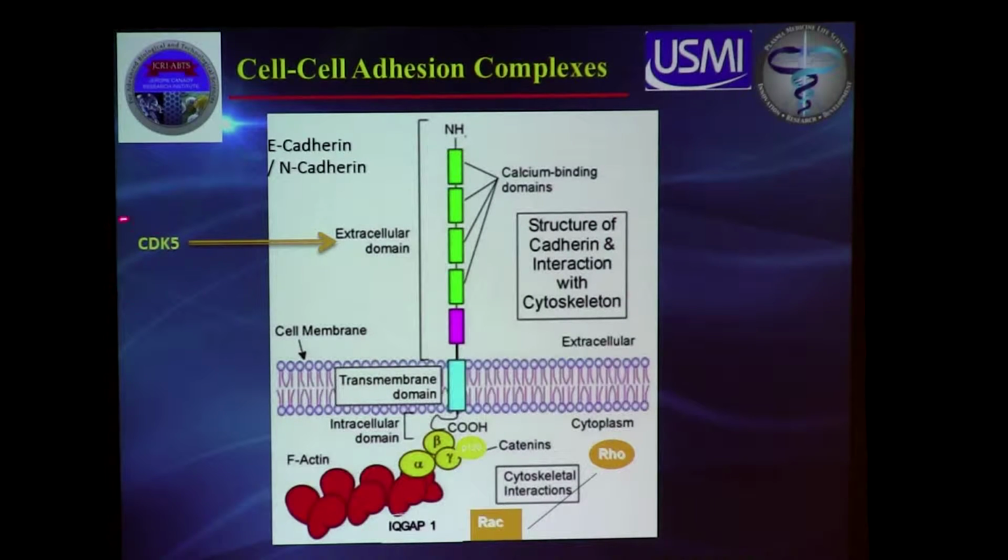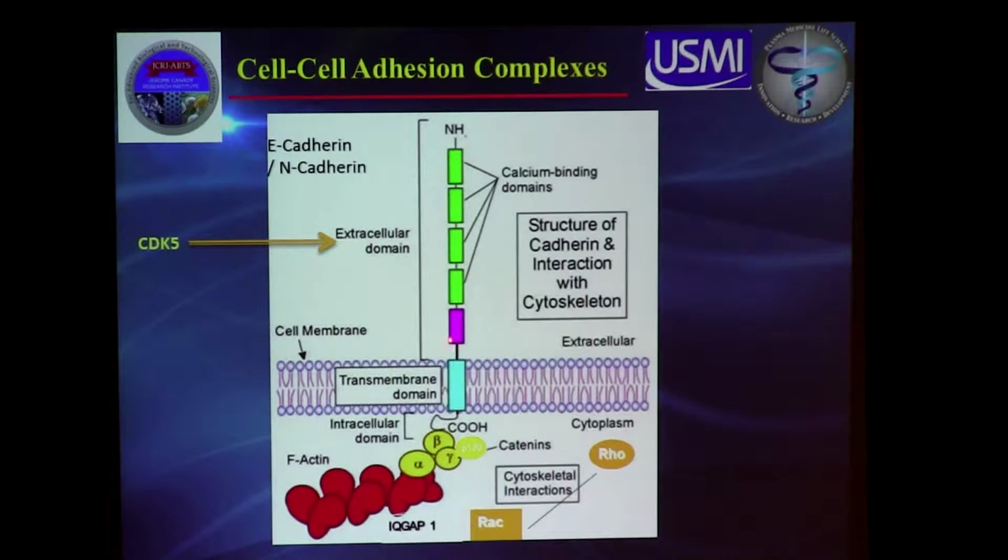Our lab at the NEI was interested not only in the lens epithelial cells, but also in understanding if CDK5 plays an important role in the corneal epithelial cell-to-cell junctions. Some of the other proteins at the cytosolic domain that I will be talking to you about are IQGAP, Rho kinase, which is a G protein, and the Rac kinases.